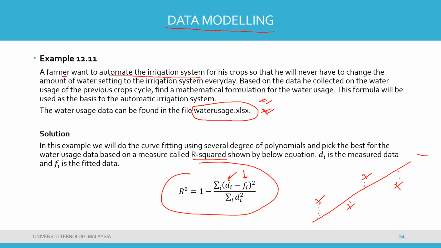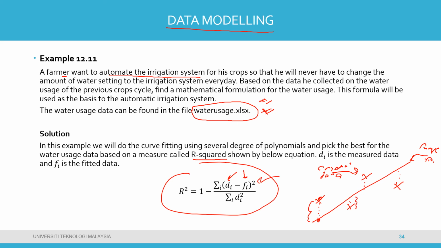The line is the curve fitting, and this is the original data. So how to do this is basically you calculate the error. You take this point minus this point, and then you square it, and you do the same for each.